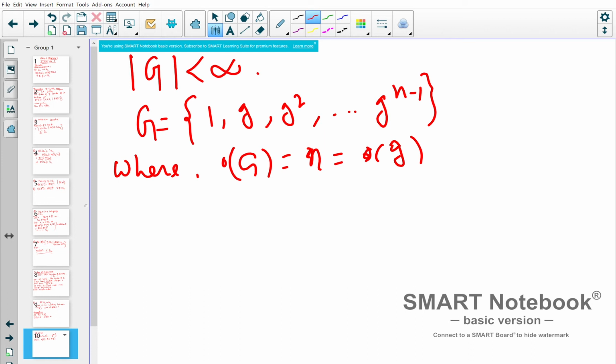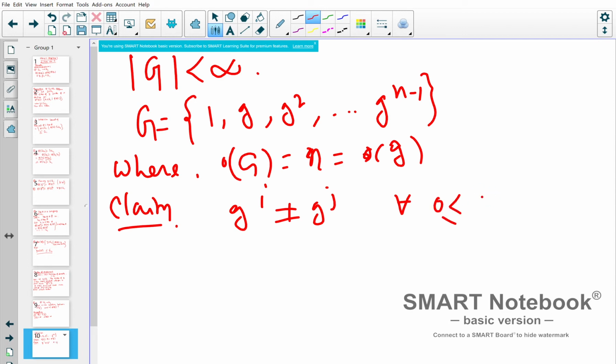This is obvious because you can easily prove that these elements 1, g, g square, and so on are all distinct elements. So this is the claim: g to the power i does not equal g to the power j for all 0 less than or equal to i, j less than or equal to n minus 1, with i not equal to j.